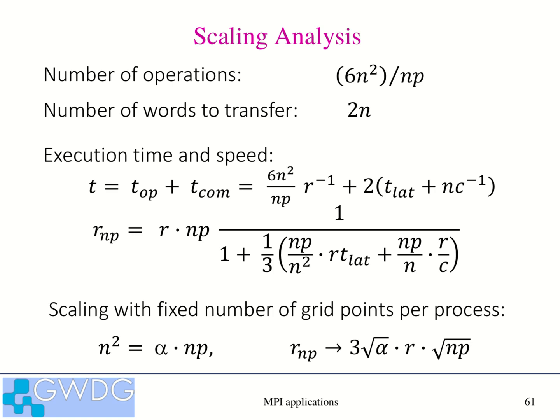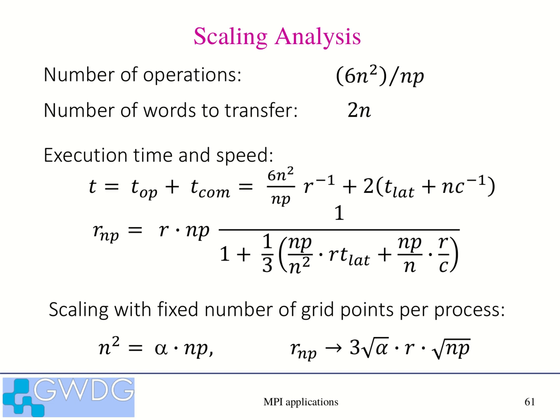So now what we would be interested in is how many processors or cores can we use meaningfully. Say we choose a number of processes such that the number of grid points is proportional to the number of processes, so every process will have the same number of points to work on.